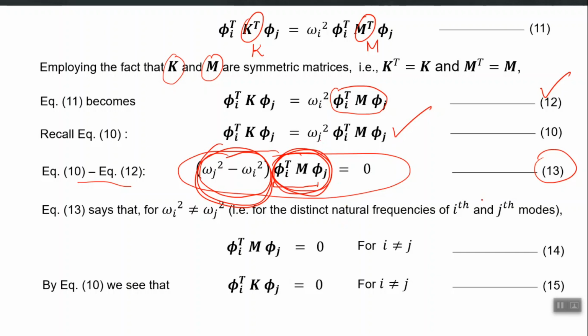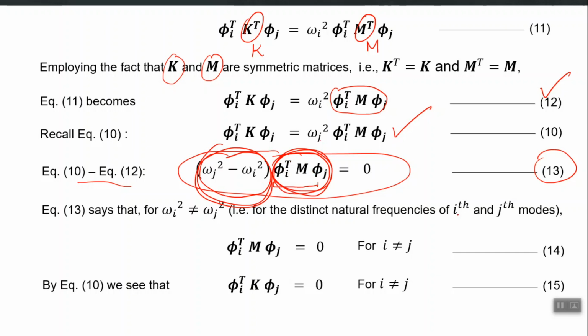And now we have proved that phi i and phi j will be orthogonal to each other with respect to the mass matrix whenever i is not equal to j. So any two different modes are orthogonal to each other. But if you have the same modes, then obviously this product will be non-zero, because in that case this difference will be 0, then the product will be non-zero.